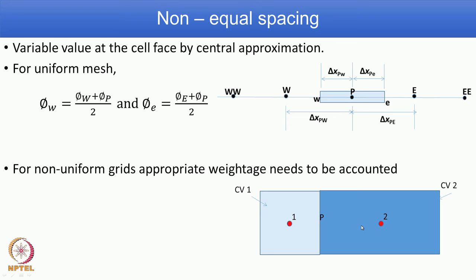In such a case, suppose you want to find the variable at P, then you can use a weighted average procedure as shown here. Phi at P is evaluated based on the area multiplying the variable at the other node. Similarly, the area of the second control volume multiplies the variable at that other control volume, and the total is divided by the summation of the areas.